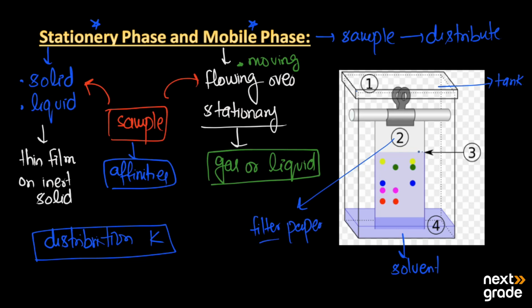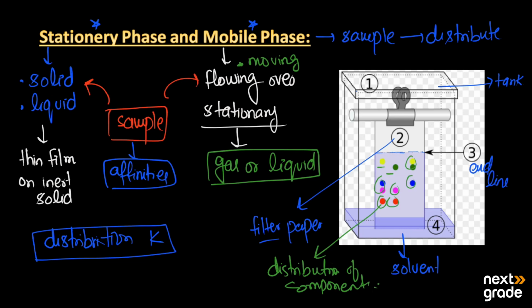And the third one, we have the end line. And these colored spots show the distribution of the components. So this is all about the stationary phase and the mobile phase.